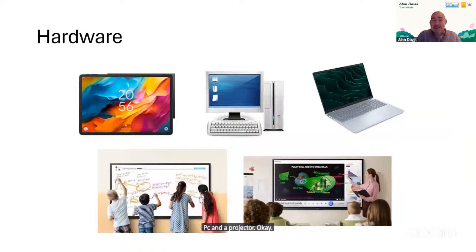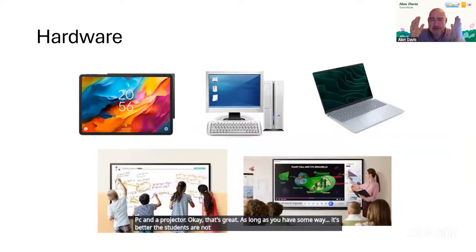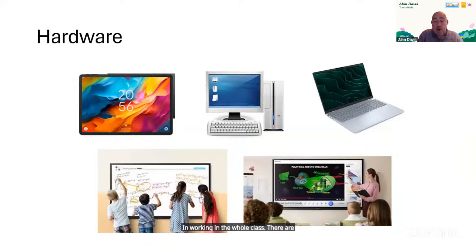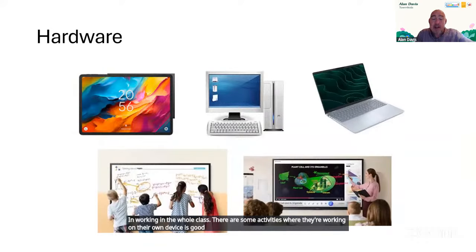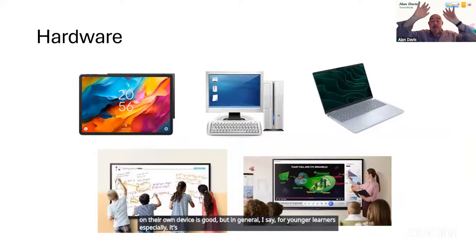That's great. It's better that the students are not on their own devices but working as a whole class. There are some activities where working on their own device is good, but in general, especially for younger learners, it's much better to have a projector or TV where they can share in the learning together.